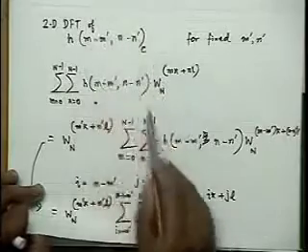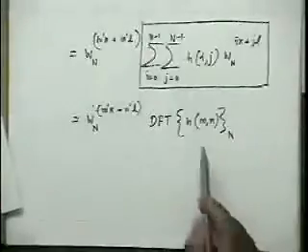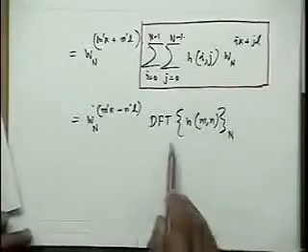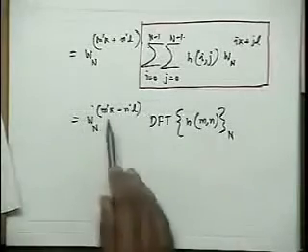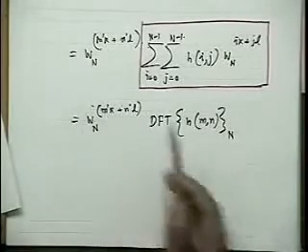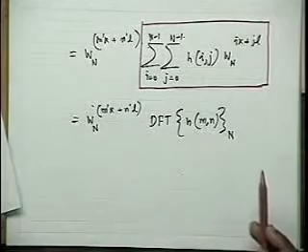The result is the DFT of h mn multiplied by this extra term concerning m prime k and n prime l.